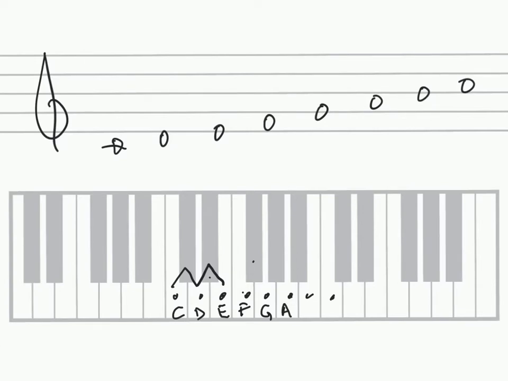F to A, 1, 2, 3, 4 half steps, major third. G to B, 1, 2, 3, 4. That's also a major third. Now from A to C, 1, 2, 3, minor third, and from B to D, 1, 2, 3, that's a minor third.